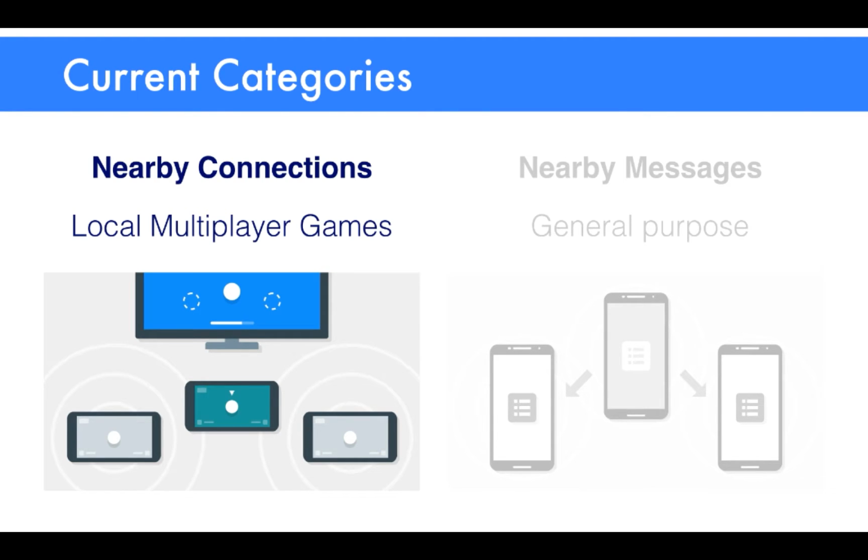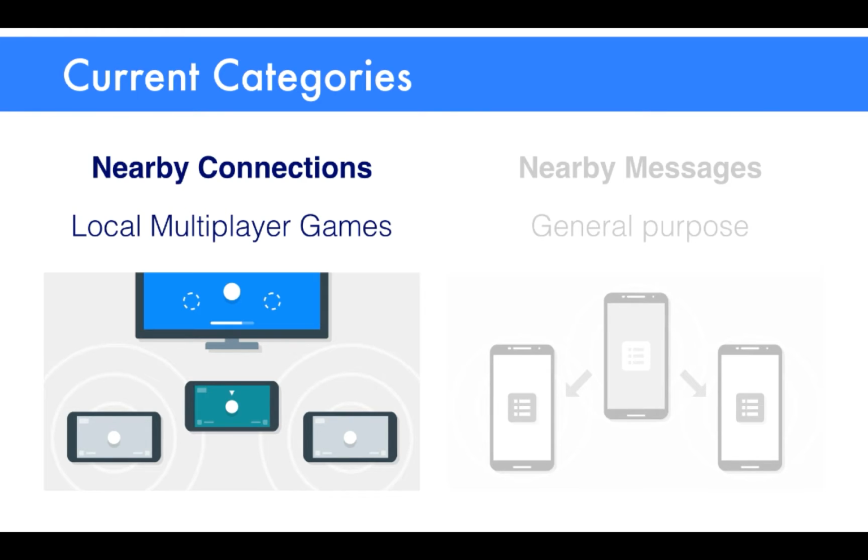So currently there are two categories of the Nearby APIs. The third one was announced at I/O on Wednesday, so we won't be talking about that. The first is Nearby Connections, and as far as I can tell, I haven't looked into this one in too much depth, but it's a much more focused API where the objective is really to enhance multi-screen content for local multiplayer games, or to use devices as input devices for local games.